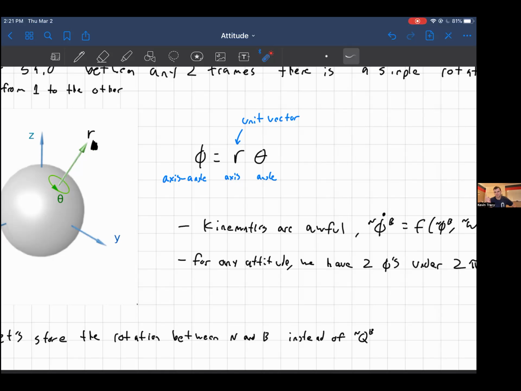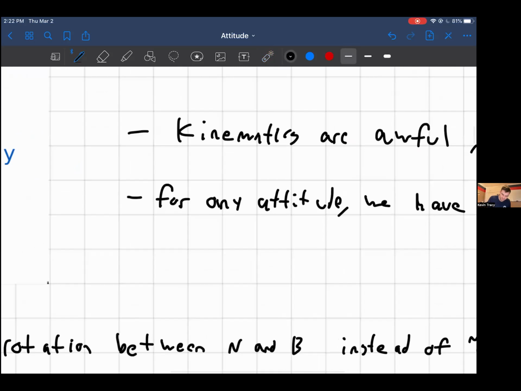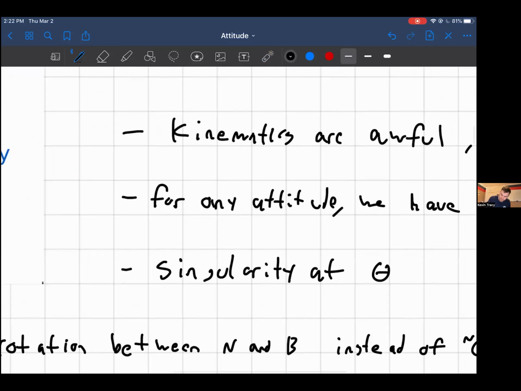One will be the short way around, and one will be the long way around. Now, alternatively, we could say that this must be less than pi. In that case, this rotation is unique. There's always one way to get there. And we can do that, but it comes at this cost: a singularity at theta equals pi.